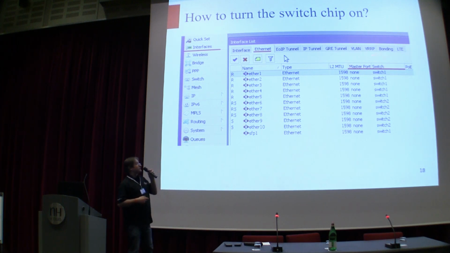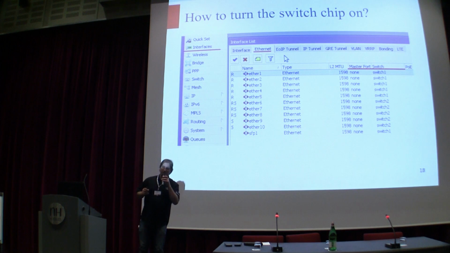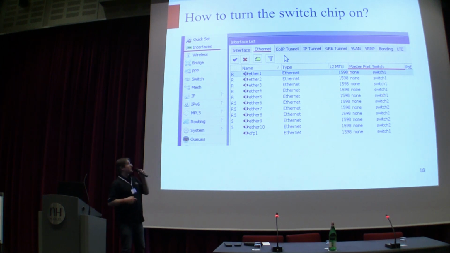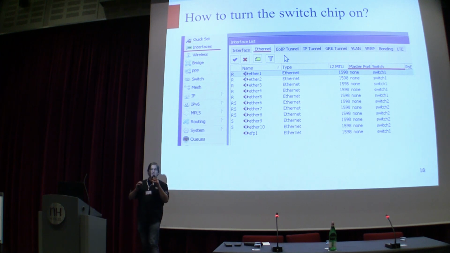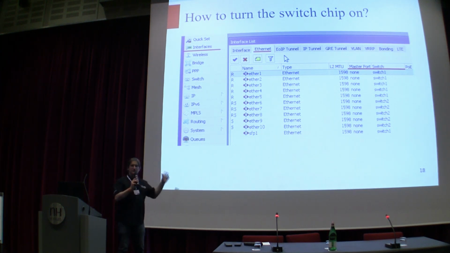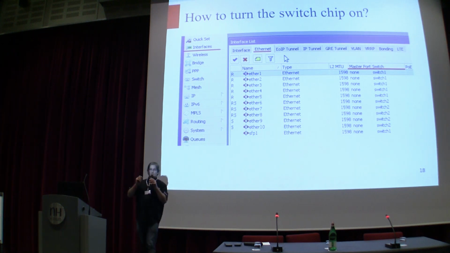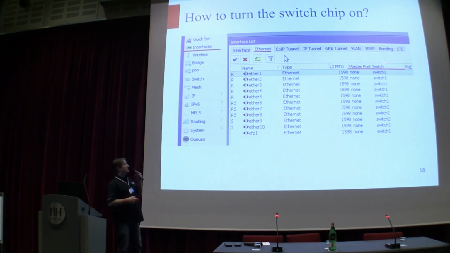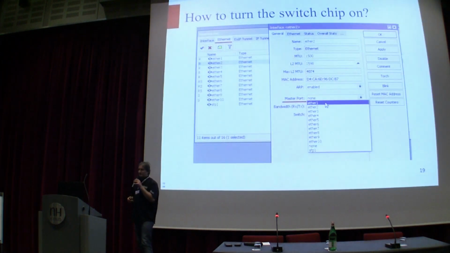And I have the second very important column, master port. If all master ports are none, this means that the switching chipset is not activated now. It's not working. All the interfaces are just connected to the CPU directly. What I need to do to turn the switch chip on is to set a master port for any interface.